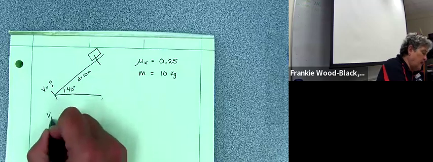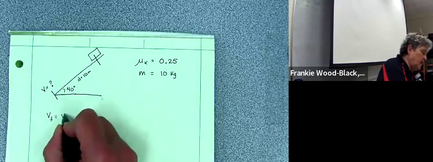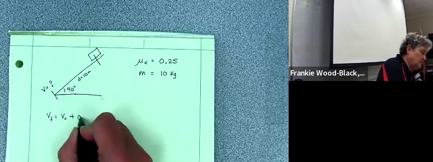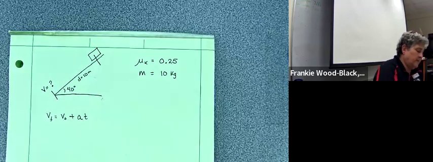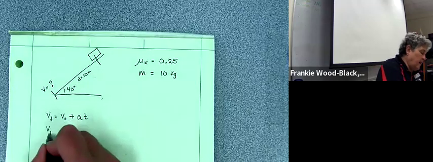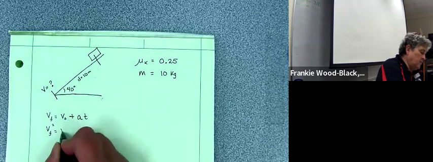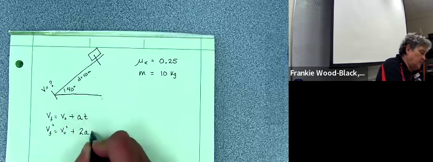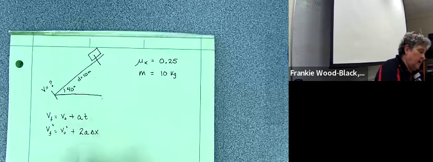Remember, velocity final is equal to velocity initial plus my acceleration times time, or my velocity final squared is equal to velocity initial squared plus 2 times the acceleration times my change in x.